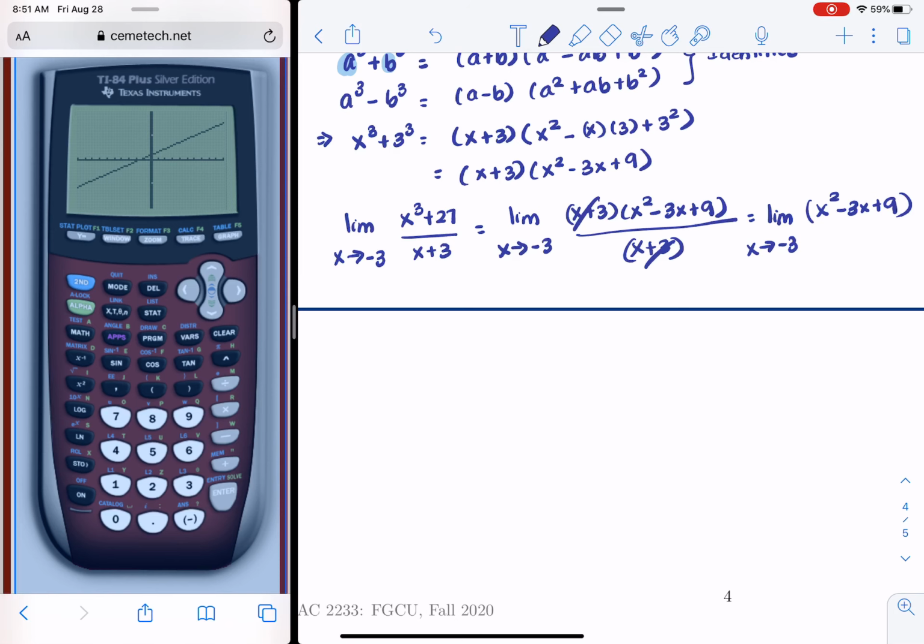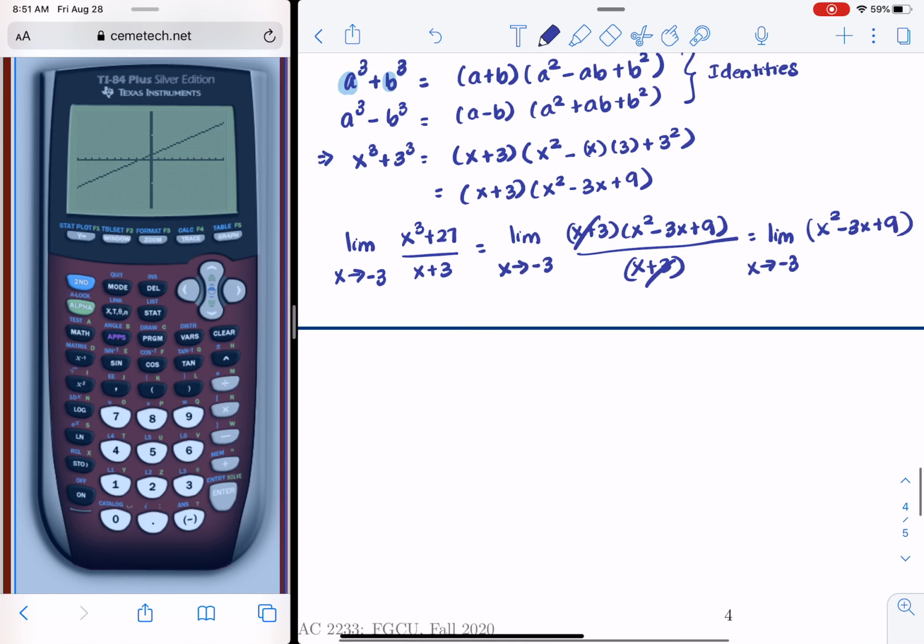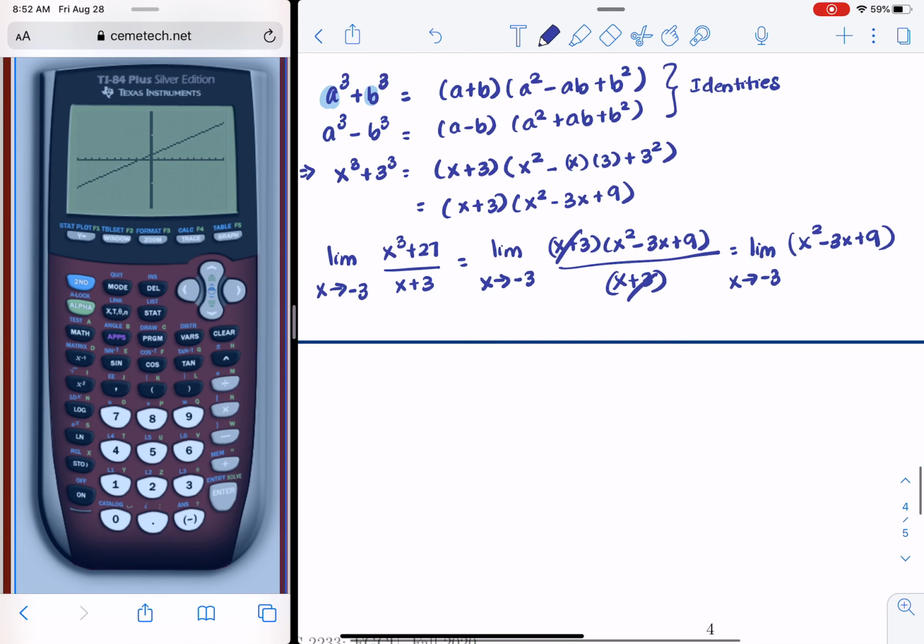Now, I can directly plug in negative 3 because x squared minus 3x plus 9 is a continuous function. It is a parabola for all values.